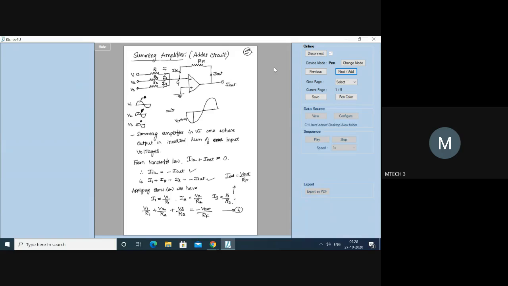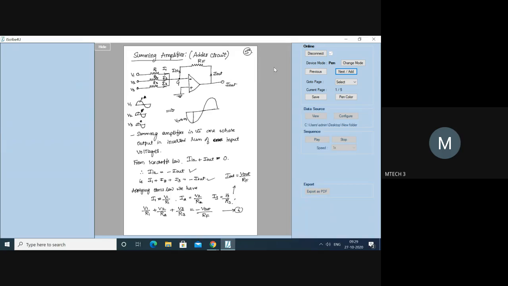So V1 by R1 plus V2 by R2 plus V3 by R3 is equal to minus V out by RF. Now we'll take the equation for V out, page number 6.